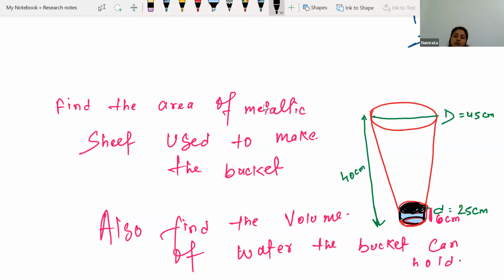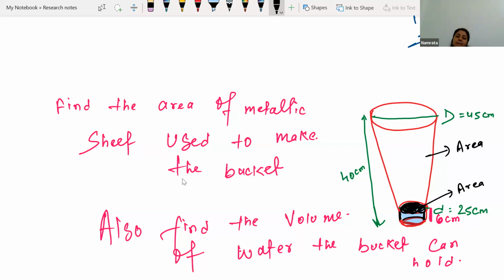So this shape is obviously a cylindrical shape, and once we find the area of this one, we also have to consider the circular base area, because there will be a solid circular plate.